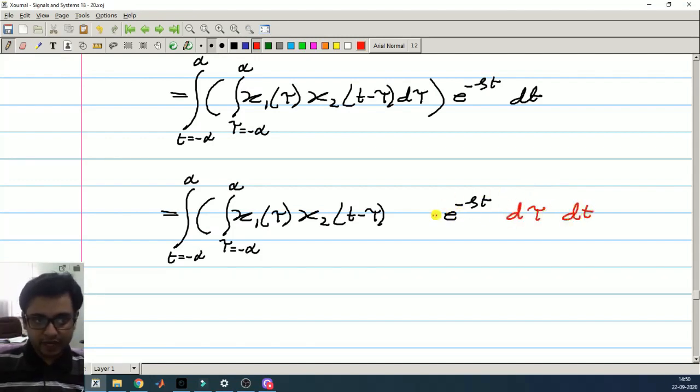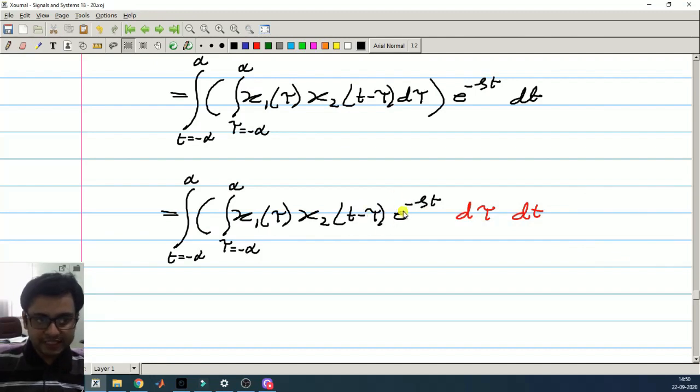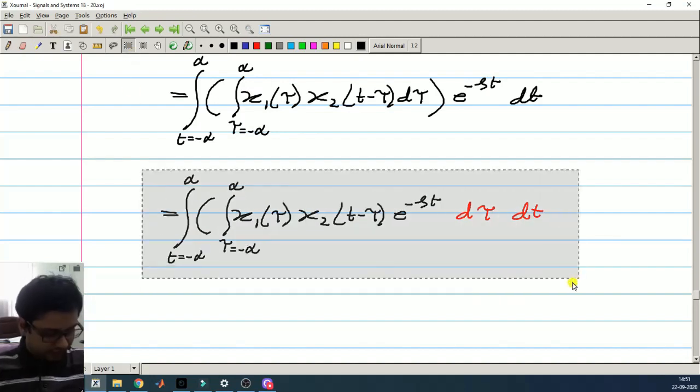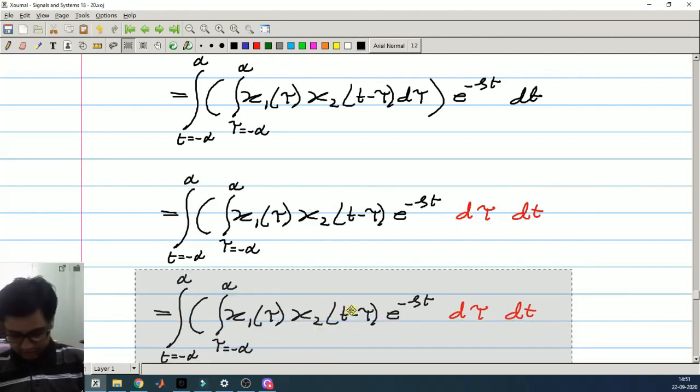So e to the power minus st is brought inside this integration over tau. Next, you see that we have a double integration, so we can swap the order of integration.